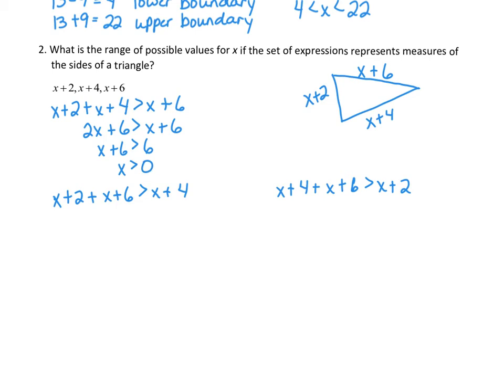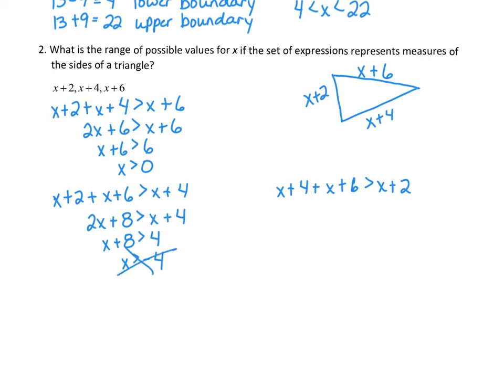And then if I go to my second inequality, doing the same thing, combining like terms, I have 2x plus 8 is greater than x plus 4. Subtract x from both sides, so x plus 8 is greater than 4. Subtracting 8 from both sides, I would have x is greater than negative 4. And again, we are talking about lengths, and if I choose a length that's a negative number and plug it in for x, it would not work. It would still give me some negative lengths, so I'm going to eliminate that option.